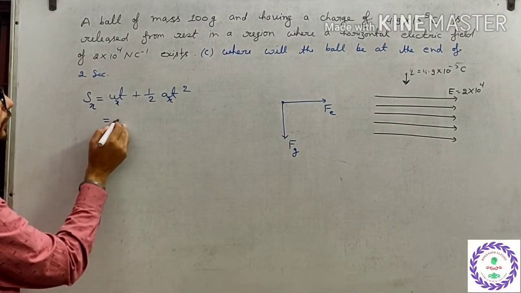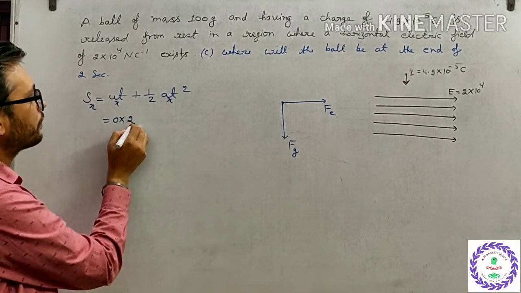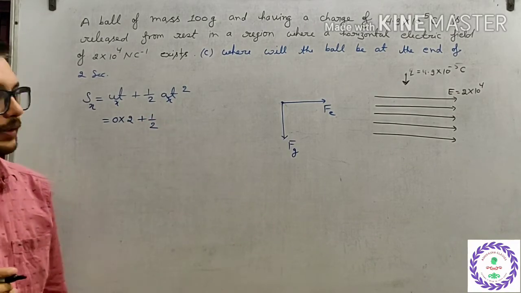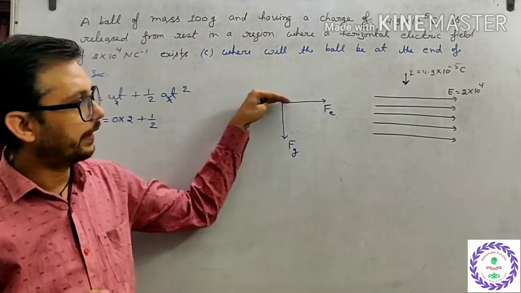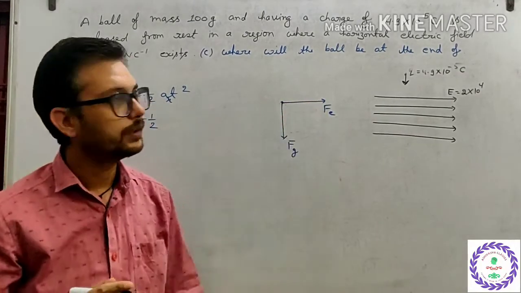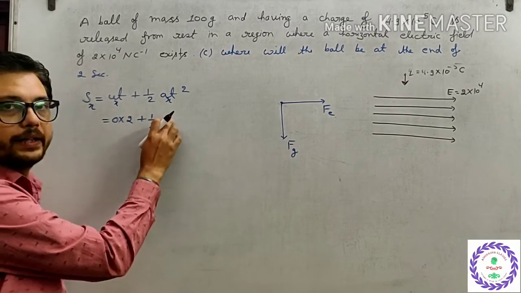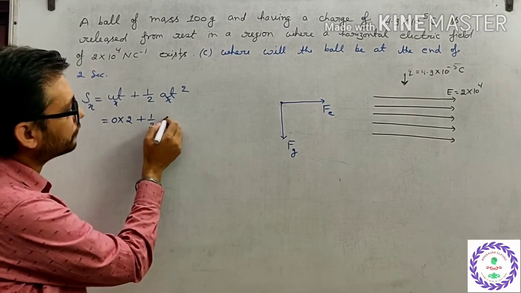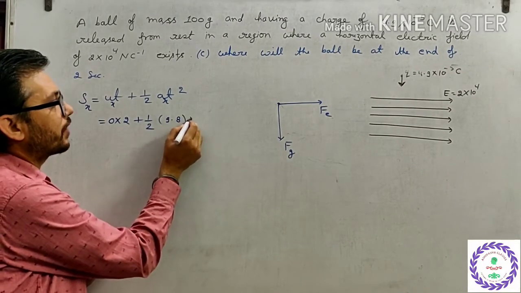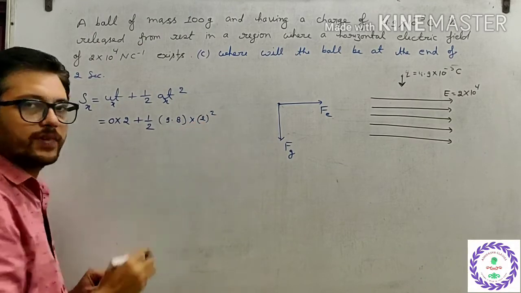So it will be 0 into t, and the time is 2 seconds, plus half Ax, the acceleration in the x axis. We have calculated the acceleration in the previous section, so we can directly put the value of A, which is 0.8, and the time is 2 square.